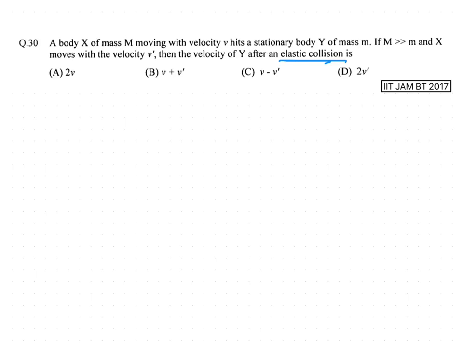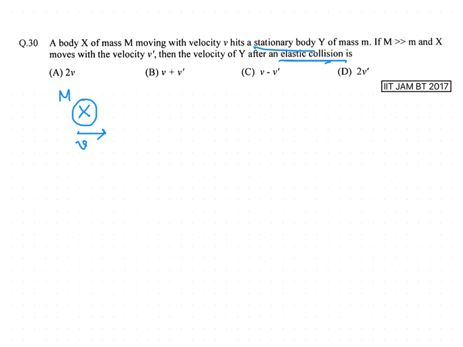First of all, this is our body X having mass capital M, and this is moving with velocity small v. There is another body which is stationary. Stationary means it is at rest, that is it is not moving, that is its velocity is 0.